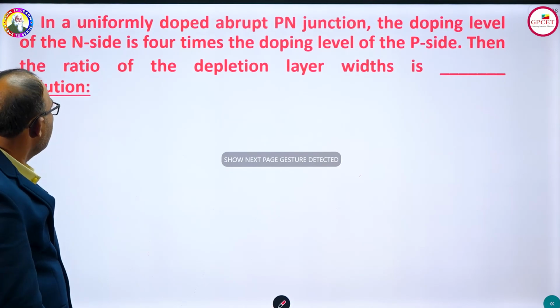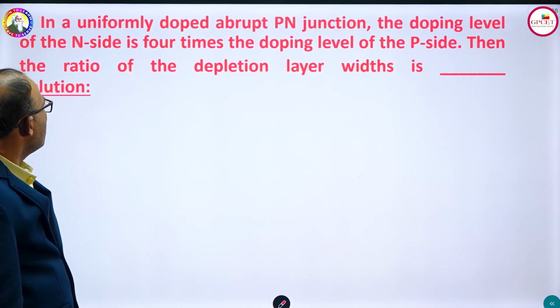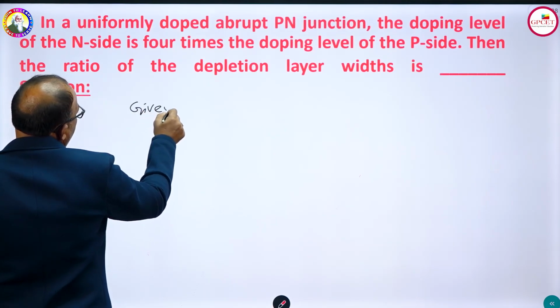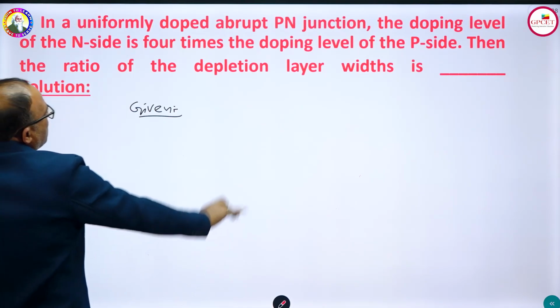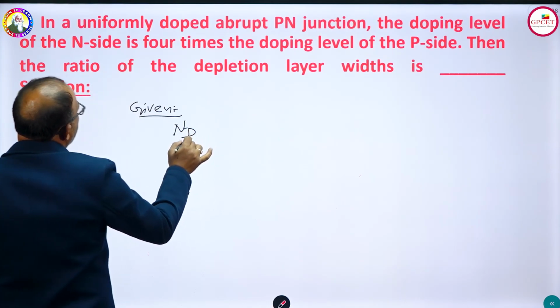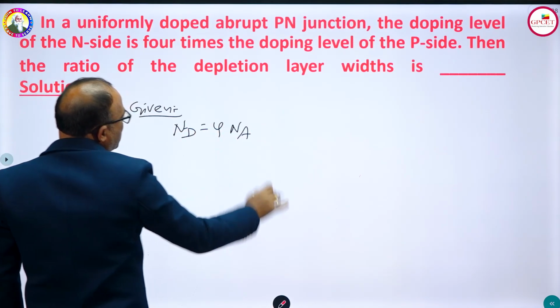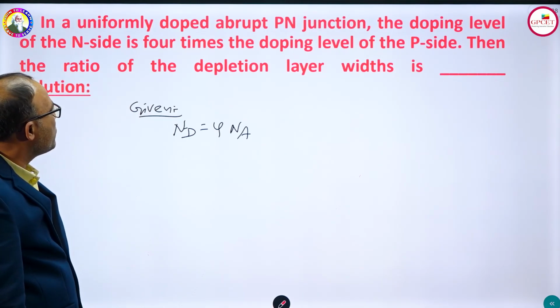Next, in a uniformly doped abrupt PN junction, the doping level of the N side is 4 times that of the P side. Abrupt PN junction is given. The doping level of the N side, the donor concentration, is equal to 4 times the doping level of the P side, the acceptor concentration, that is 4 times Na.